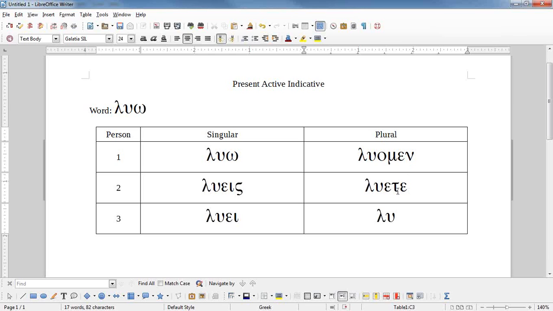Luete. And then finally, your third person plural is omicron, upsilon, sigma, iota. And that's a nu, so sorry about that. Omicron, upsilon, sigma, iota.